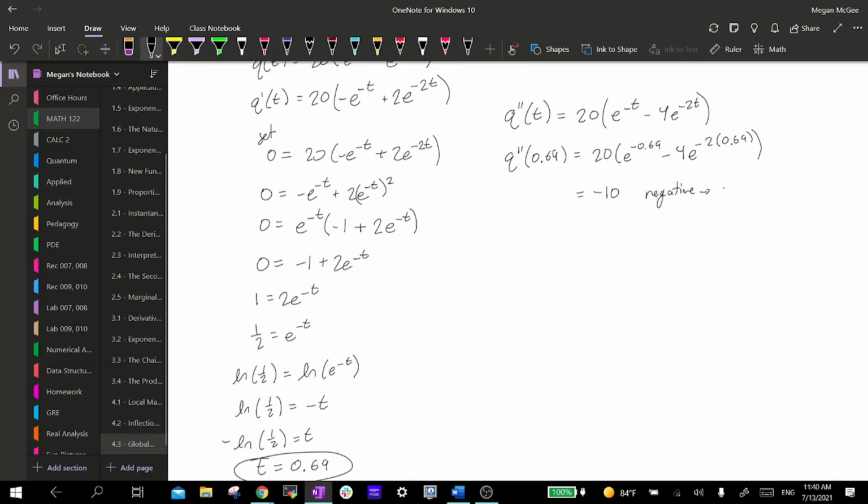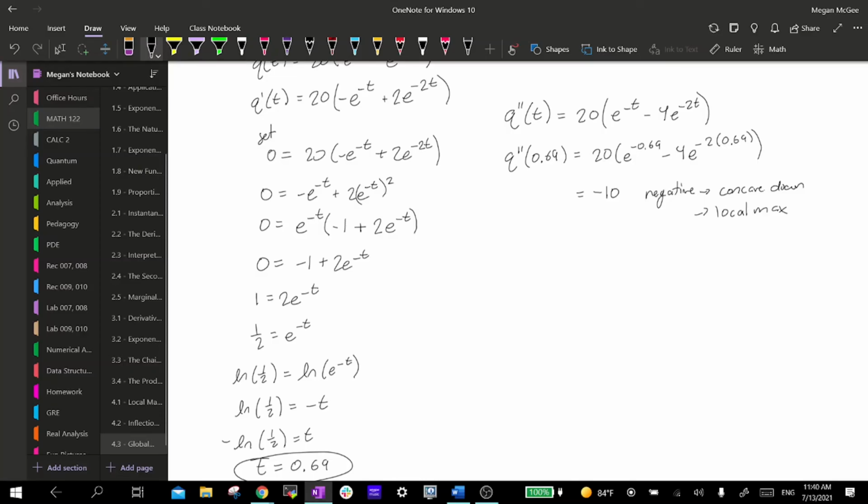So we know that we are concave down, which we know gives us a local max. So we do know that we have a maximum occurring at 0.69 hours, but we were also asked to find what the max is.